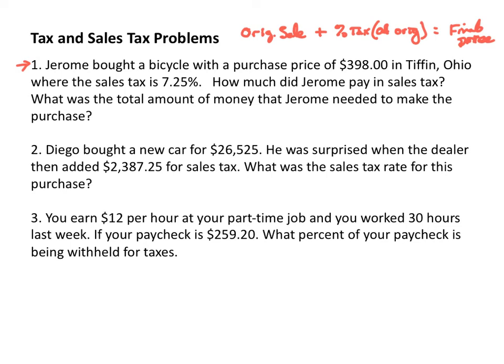Okay. All right, so in this case, the purchase price was $398. There was tax on it, 0.0725. Remember, you have to write the decimal form of that percent, divided by 100, of 398, because it's always the percent of the original. The tax on the original purchase price should equal the final price.